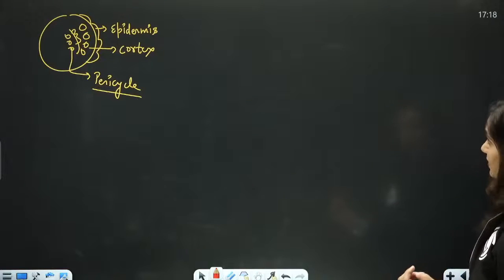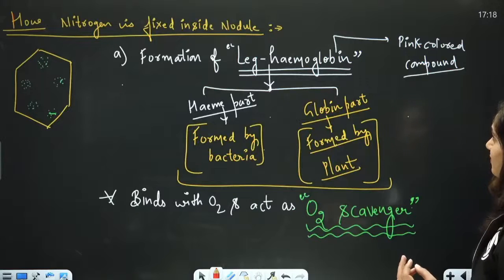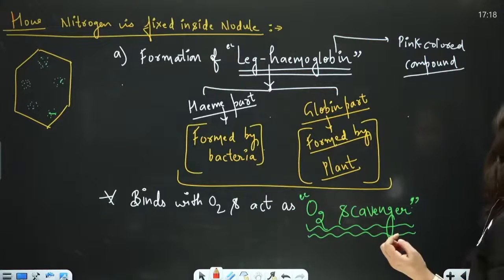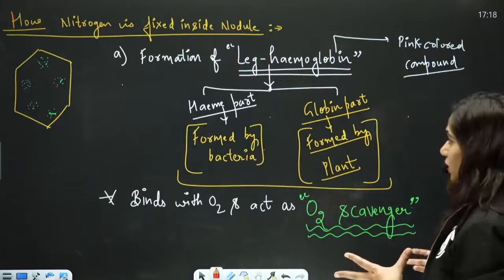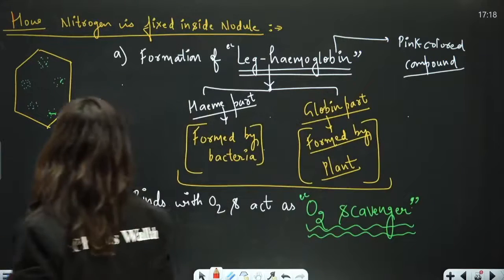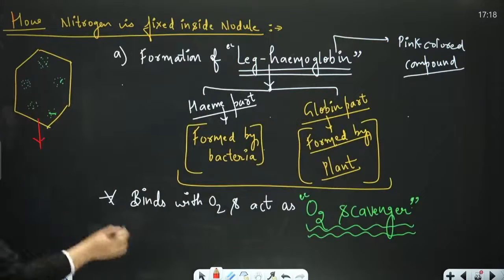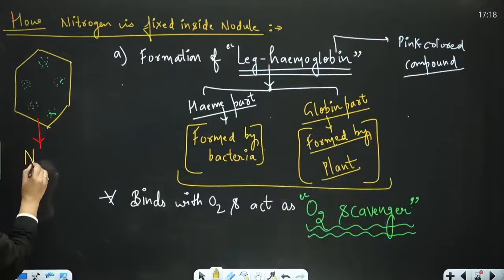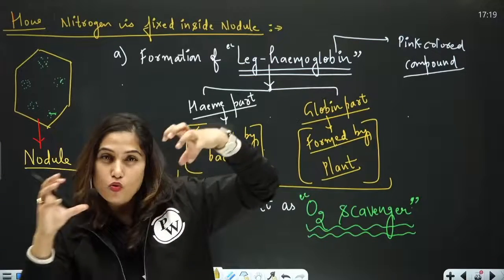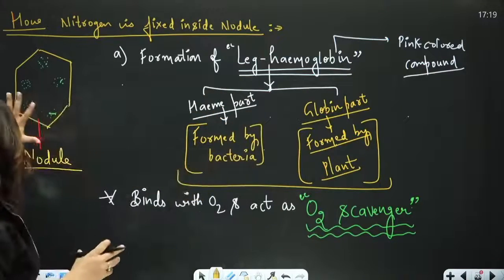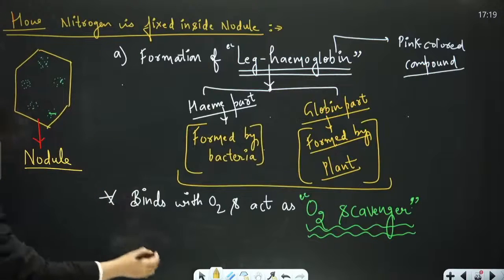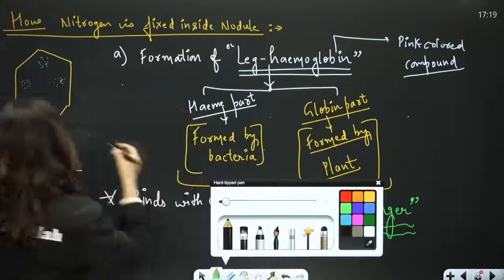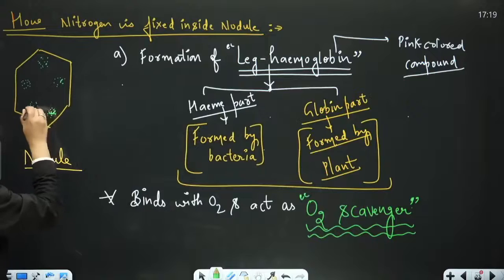Now let's see what's happening inside the nodule. Now the nodule has been formed, right? This is the nodule. And I have zoomed in on this nodule to make it clear what is present inside it. You can see here a group of non-dividing bacteria.